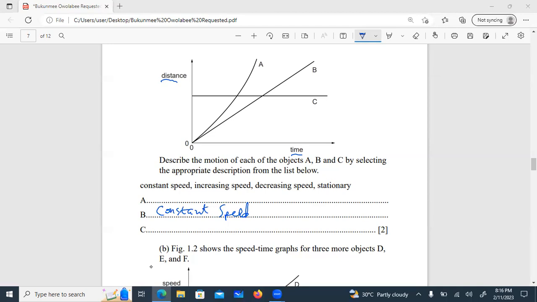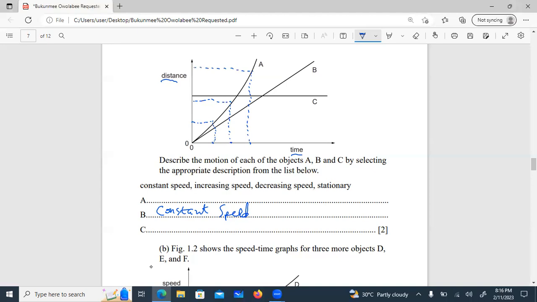For instance, if we create equal time intervals and pick the distance within each interval, for the first one, this will be the distance. The second one, this will be the distance. And for the third time interval, if you use straight lines, this is what you get.